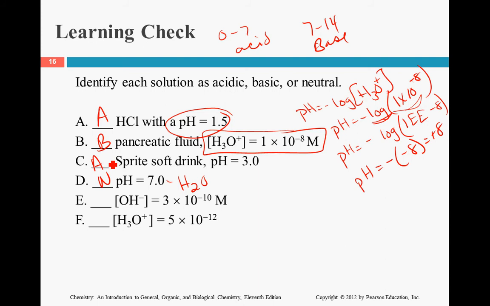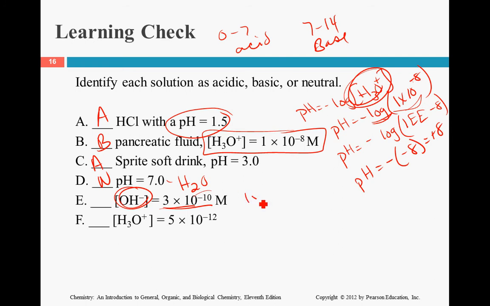3 times 10 to the negative 10, but that gives us OH. This equation, you have to have H3O plus. Notice the difference. That's a very, very, very important difference. So we had to figure out the concentration of H3O before we figure out the pH.